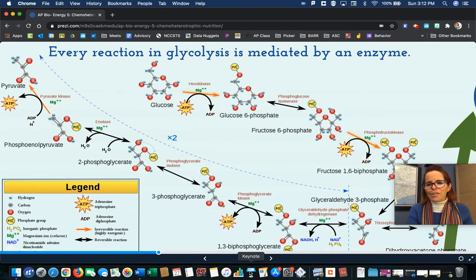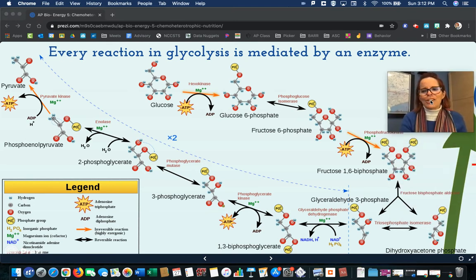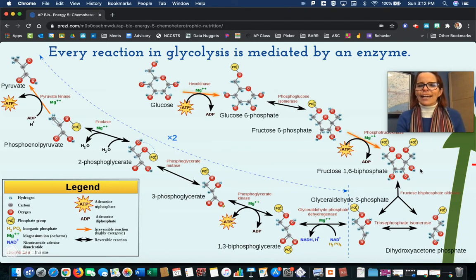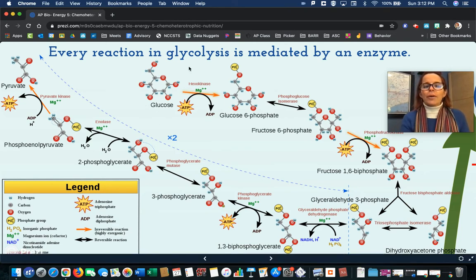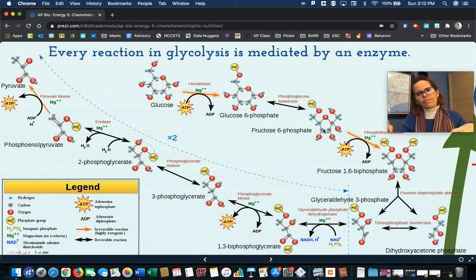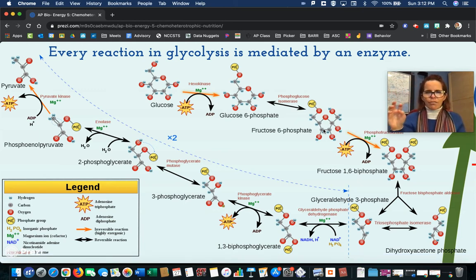Now, this section right here, so much too much information. You guys don't need to know half of this, but still look at the diagram so you feel like you have a clue. So here we are with glucose. We're going to use ATP to break up the glucose. If we travel through, you're going to see that there's all kinds of enzymes involved and all kinds of permutations of the molecules.